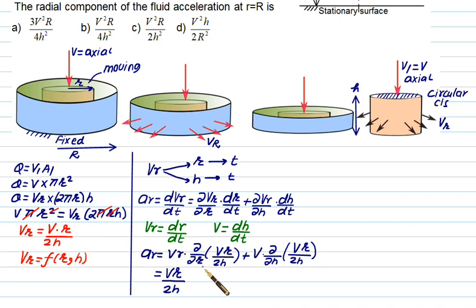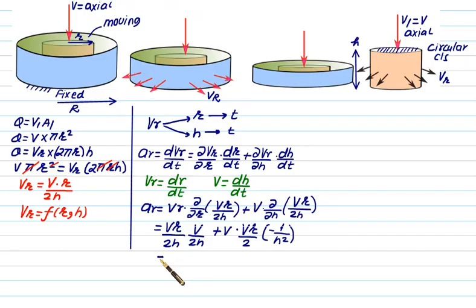Here V and 2h are constant terms that can be taken outside, so we have V divided by 2h. The derivative of R with respect to R is 1, plus V into R, which is a constant term with respect to h. The derivative of 1 by h is minus 1 by h square. The 2 is adjusted, so we get V square into R divided by 4h square.